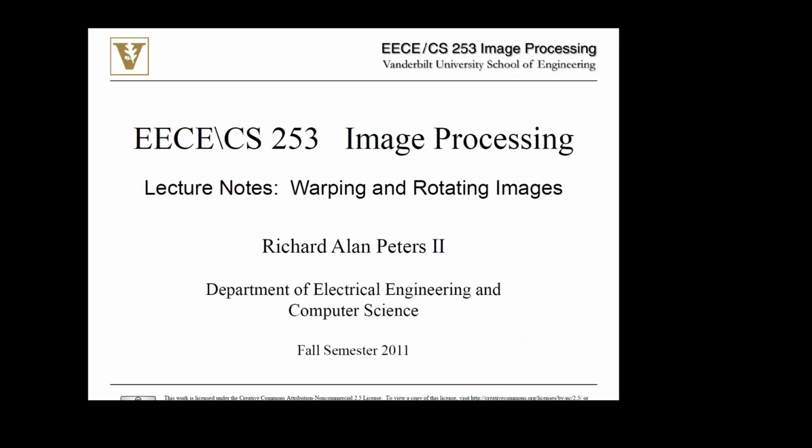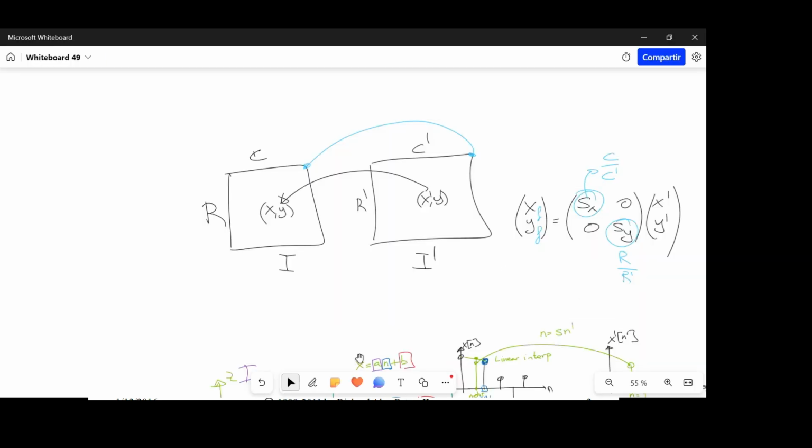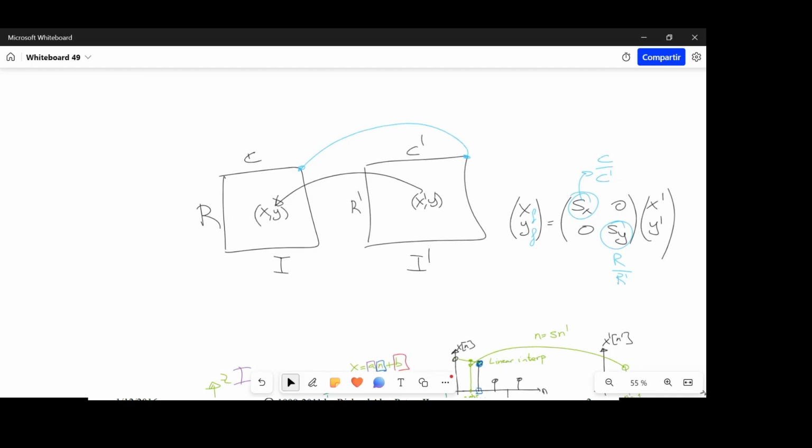Okay, so now let's go for more complicated geometrical transformations. Generally, they are called warping. So you have an image, you apply a warping function, then you have to interpolate, and then you produce an output. So the idea is the same. Given any coordinate in the output, you have to look for what is the coordinate in the input that you have to go from. But now this transformation is much more complicated.